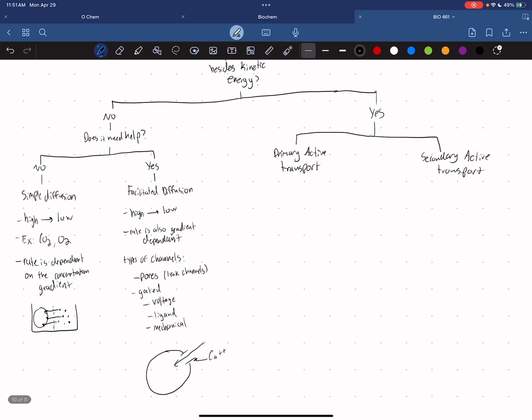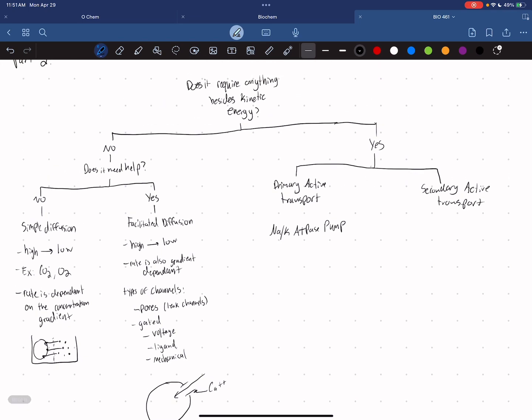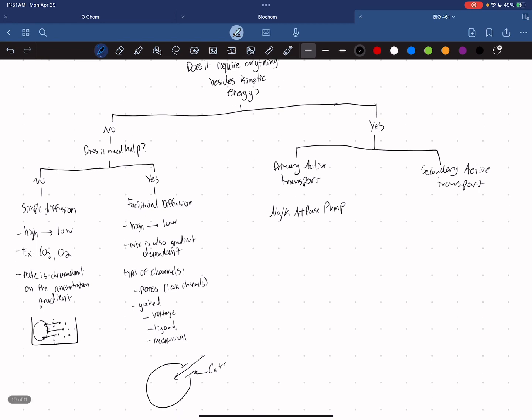With primary active transport, the main example that we have talked about so far is the sodium potassium ATPase pump. The reason that this answers yes to, does it require anything besides kinetic energy? There are 3 requirements for this pump to pump sodium and potassium in and out of the cell. Those 3 are sodium, potassium, and ATP.